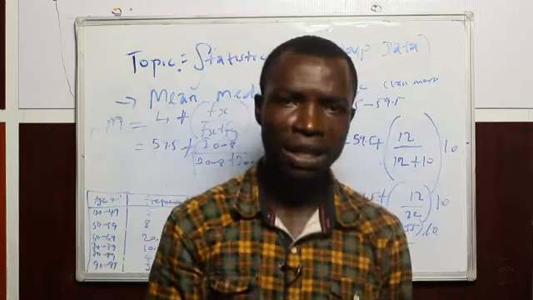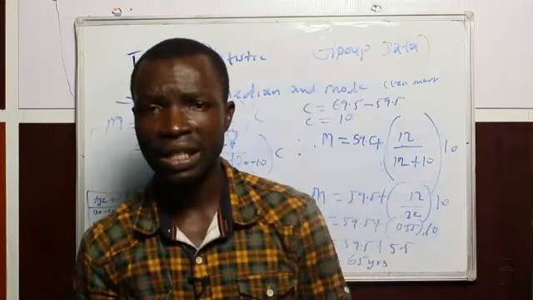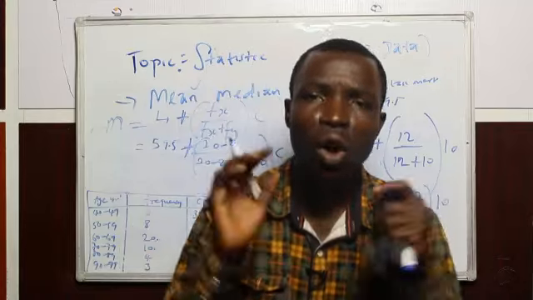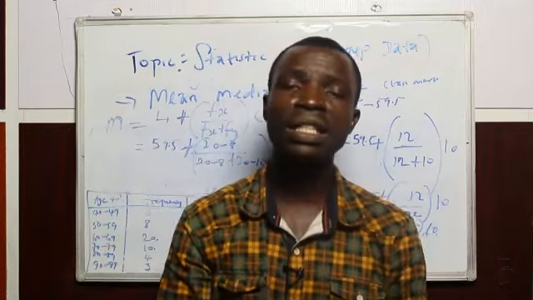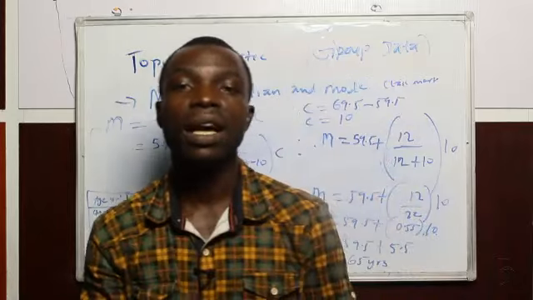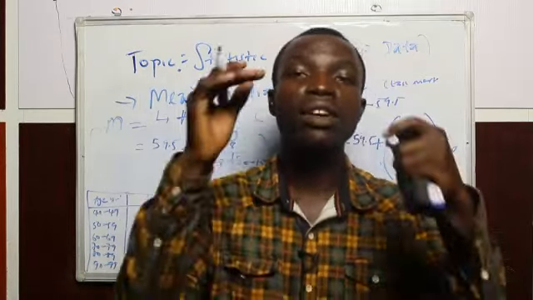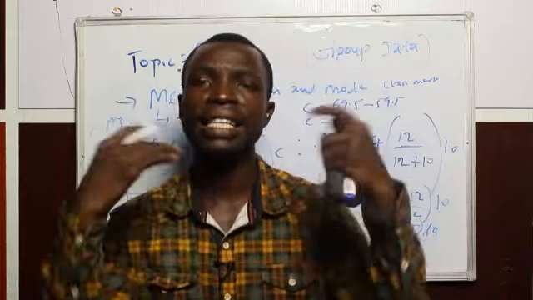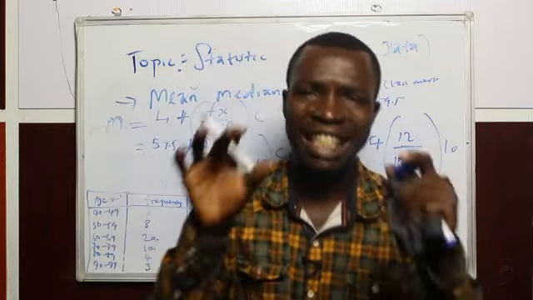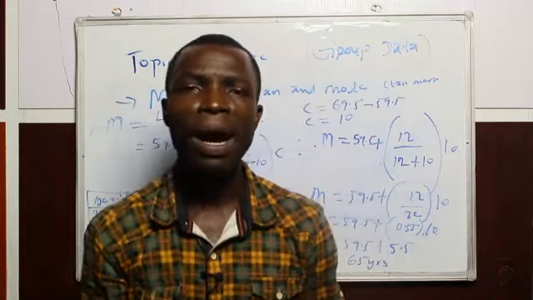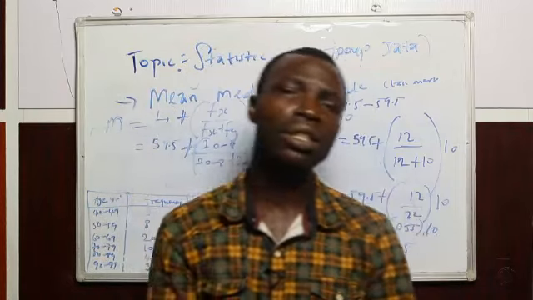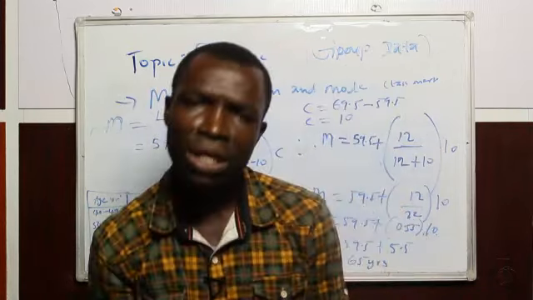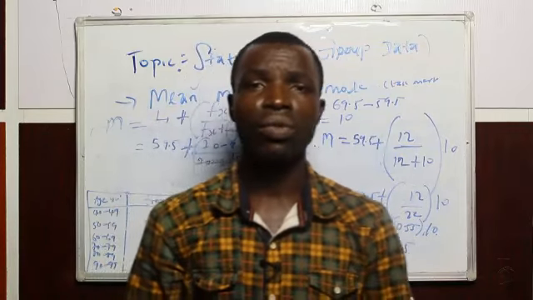What is fx? fx is the difference between the highest frequency and the one before it, while fy is the difference between the highest frequency and the one after it, while our C is the class interval, which is the upper class boundary minus the lower class boundary. That's how we get our class interval for the mode.